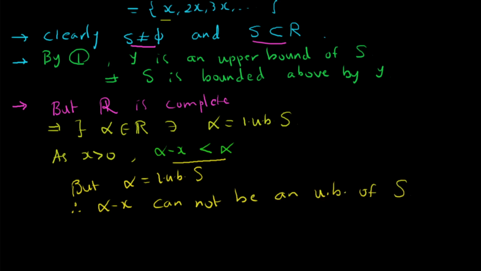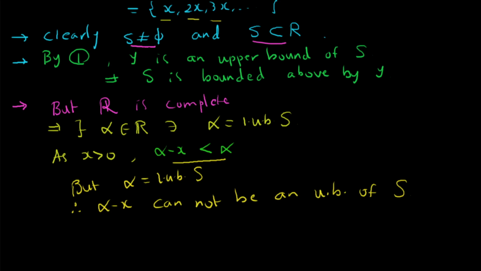It cannot be an upper bound of the set S because alpha is the least upper bound, the smallest upper bound. So anything less than that cannot be an upper bound. So alpha minus x cannot be an upper bound of the set S, which contains these elements x, 2x, 3x, like this.